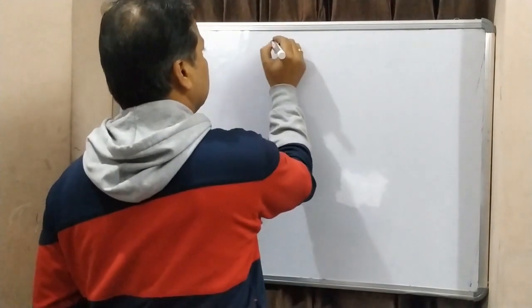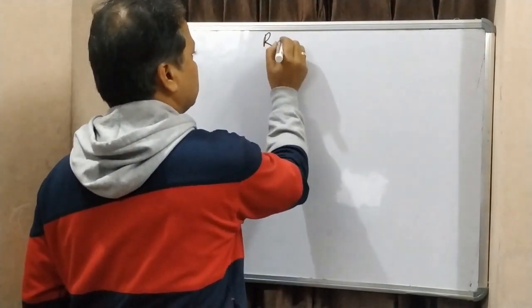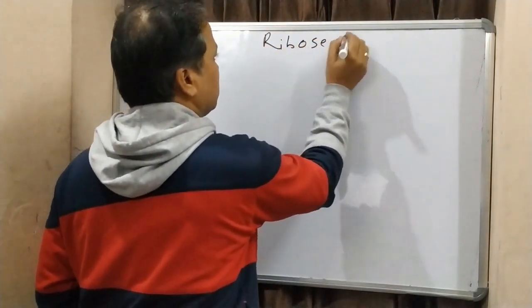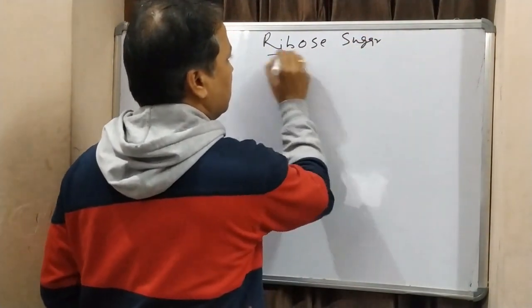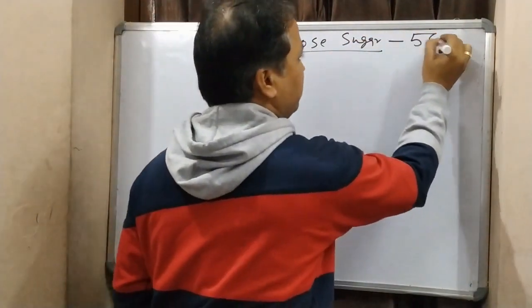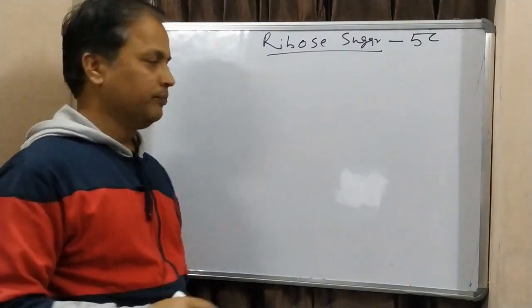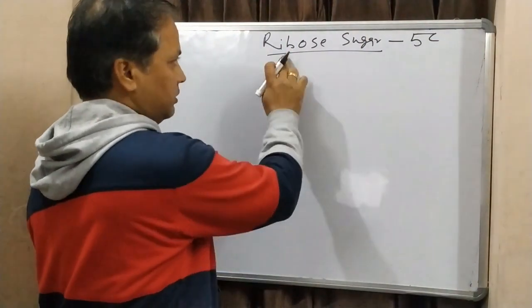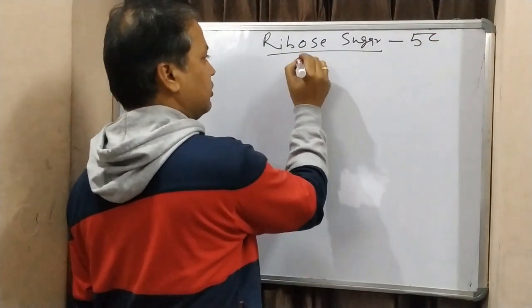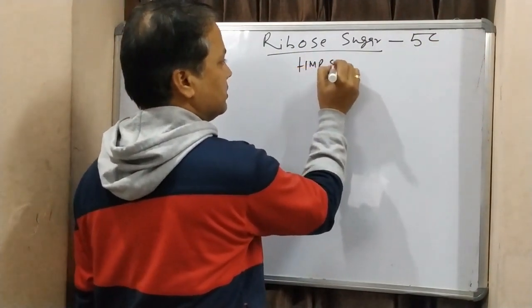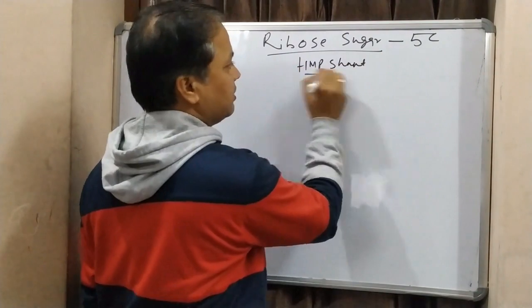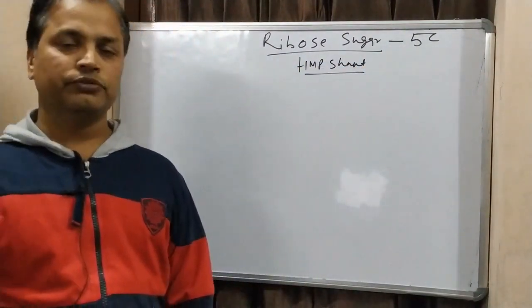Now come to ribose sugar. Ribose sugar is a 5-carbon sugar present in DNA and RNA. We normally get this ribose sugar in our cells from the HMP shunt, the hexose monophosphate shunt, which we have already seen.